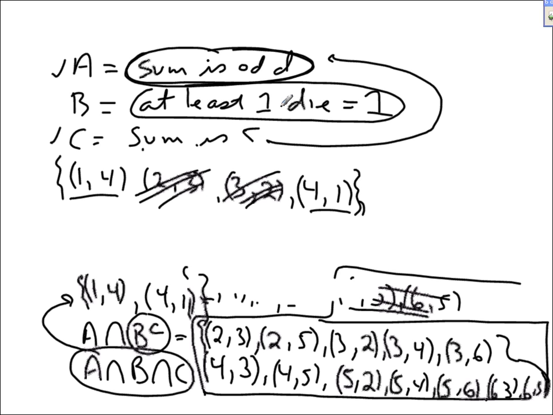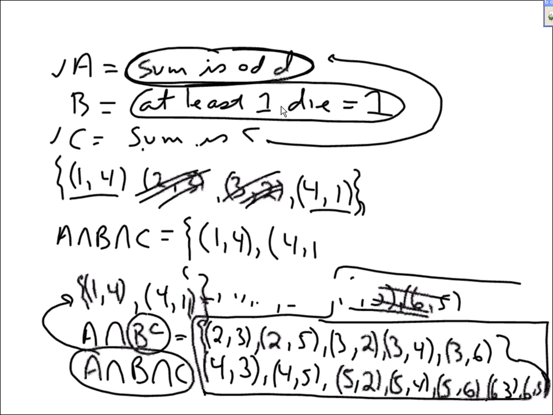That's the answer. A intersect B intersect C is equal to the set that contains 1,4 and 4,1. That's your answer, 100%.